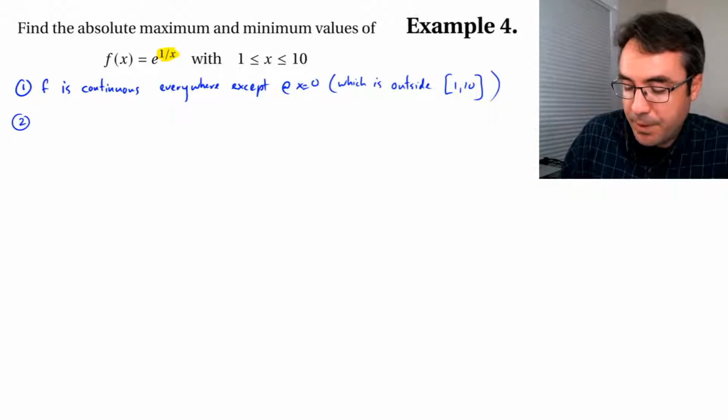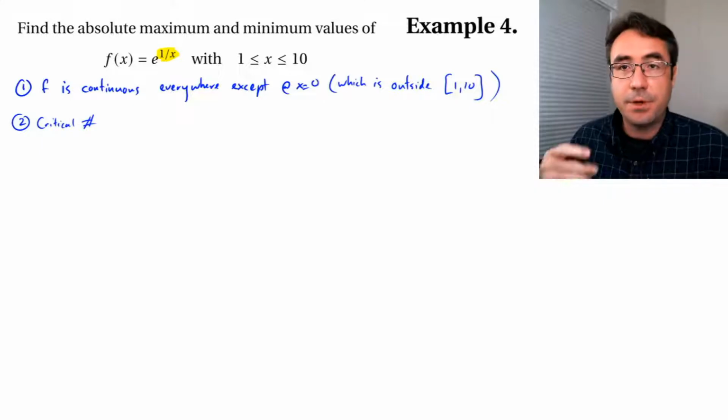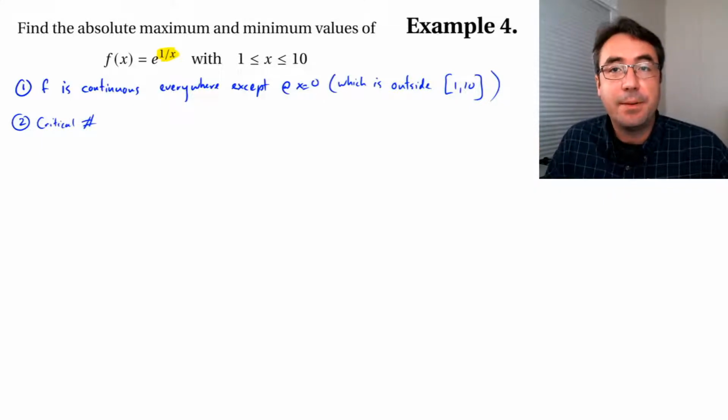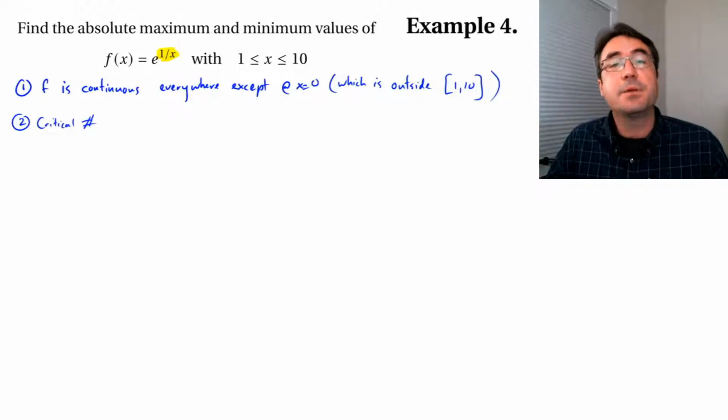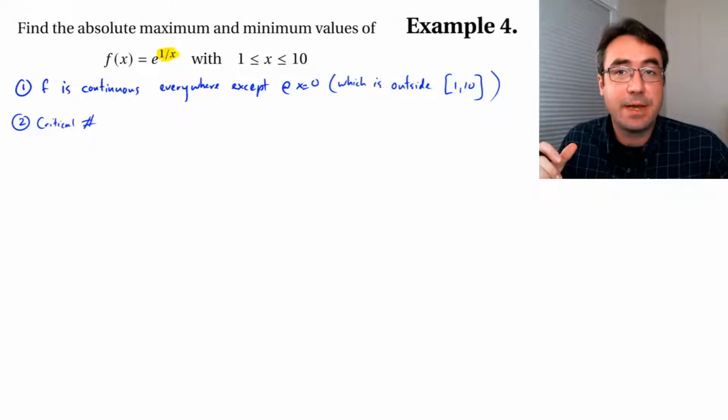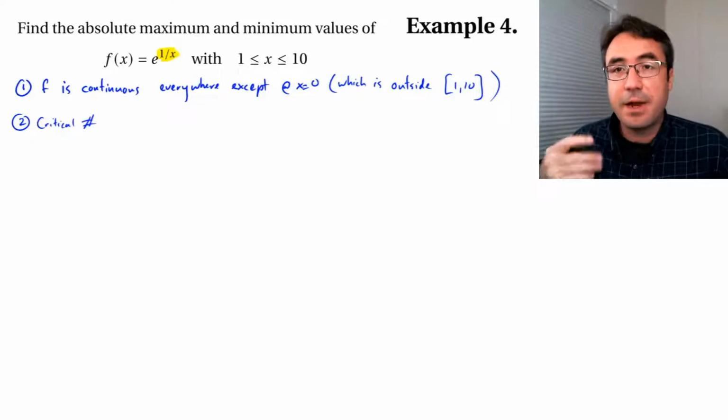So step 2, we want to find the critical numbers. Those are the only places inside that interval where we could potentially have an absolute max or an absolute min. And then also possibly at the endpoints. So we need to figure out f prime.